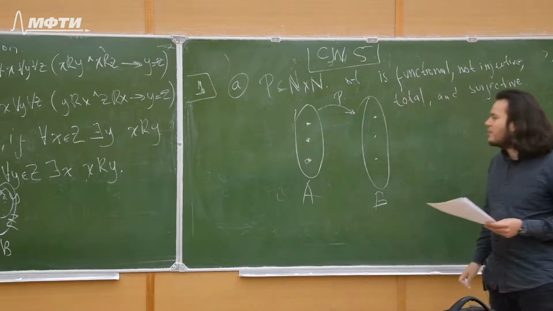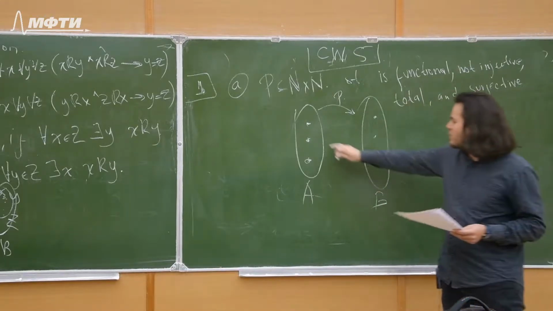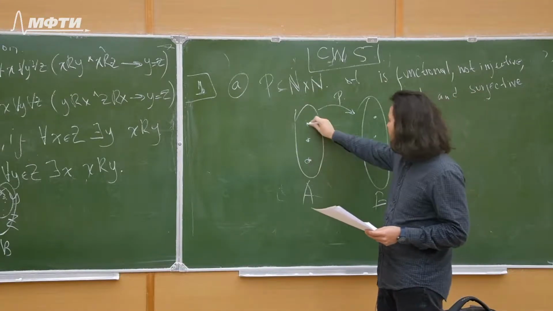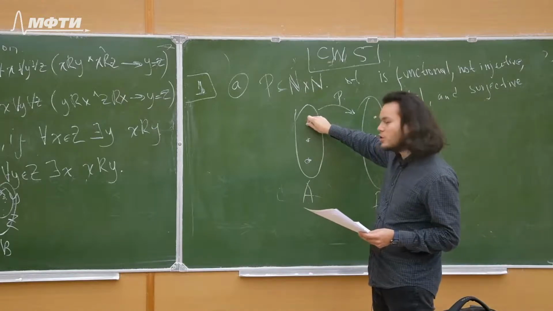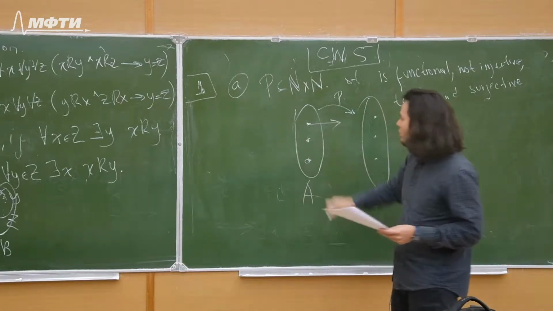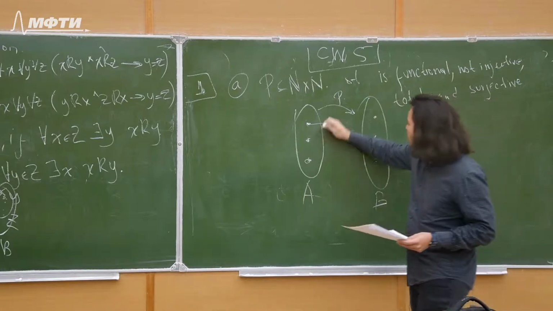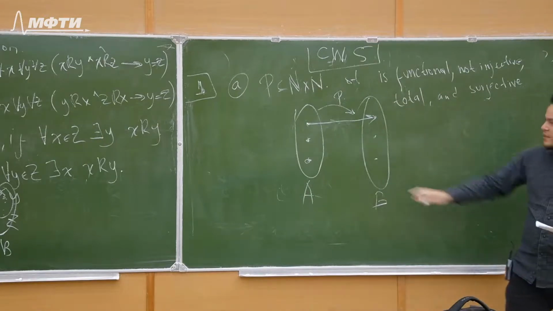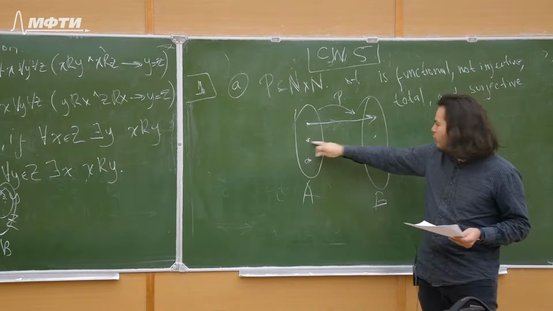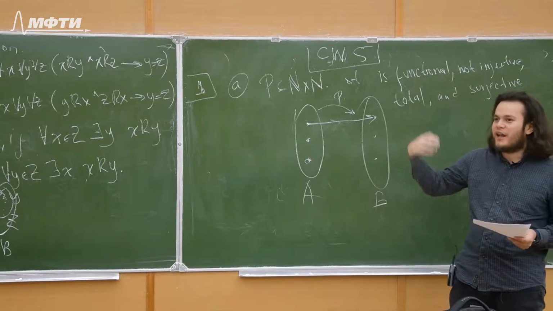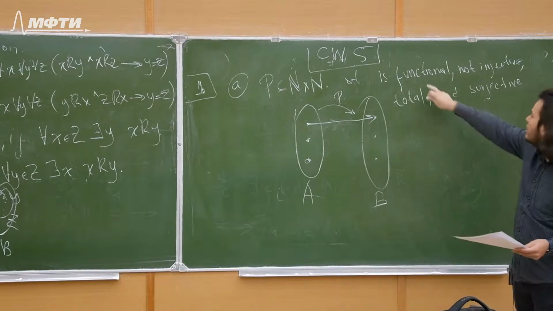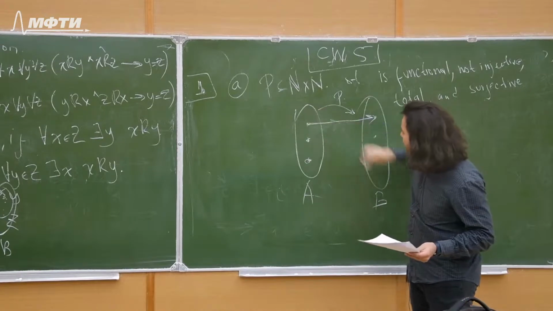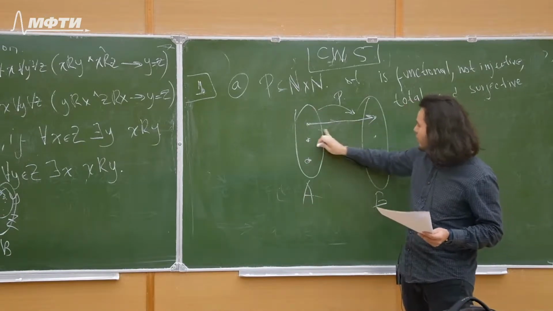So functional means that from each of these elements goes at most 1 arrow. Okay. So for example, this thing here, so this is functional. It doesn't matter that we don't have this. So if we have this and we have arrows here, it means that it's functional and it's total. But we care for now that it's functional. So this is functional. Good. Now don't forget, if we do something like this, this is not functional anymore. Okay, so this is functional.